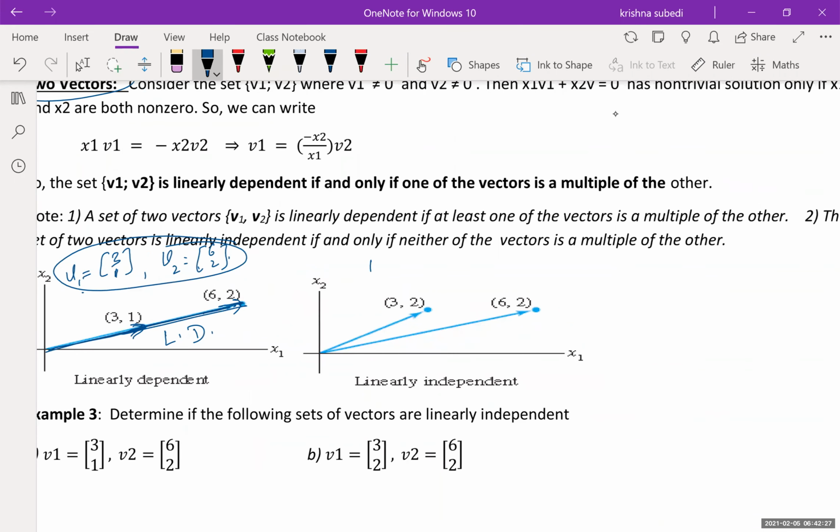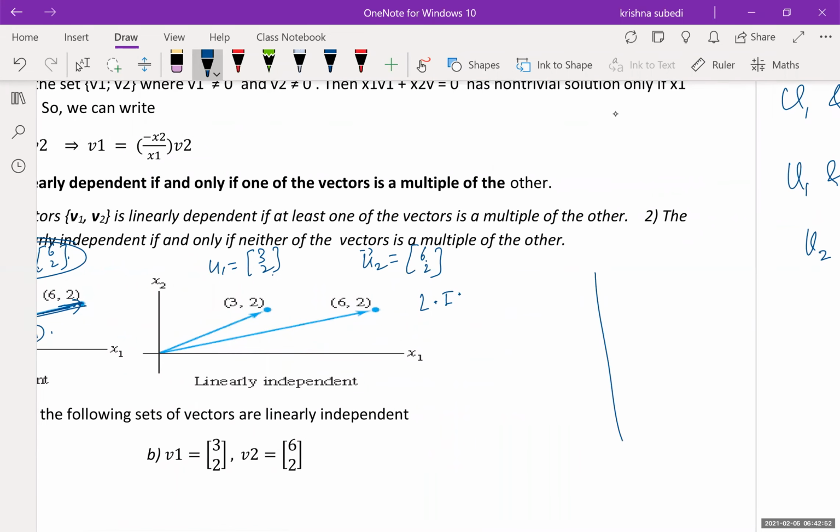Now let's look at this example. Let's say this is U1, which is 3 and 2, and U2, which is 6 and 2. These are not multiples of each other. If you draw the graph, you notice that they do not lie on the same line, so they are linearly independent. Let me ask you one thing.